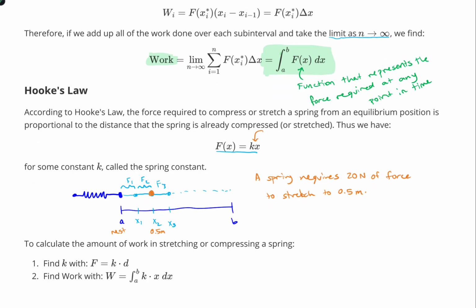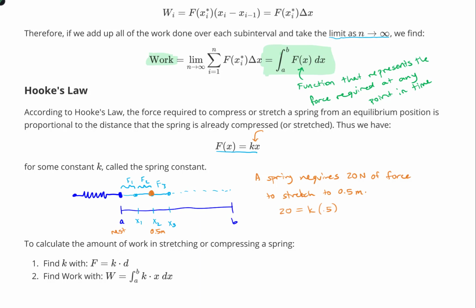From this snapshot, the force of 20 newtons is the spring constant times 0.5. So force is equal to the spring constant times the distance it takes to move it.